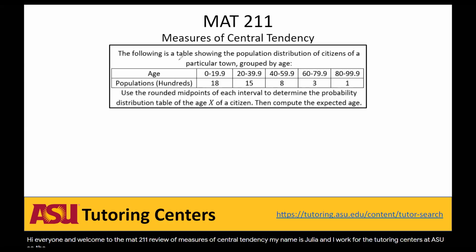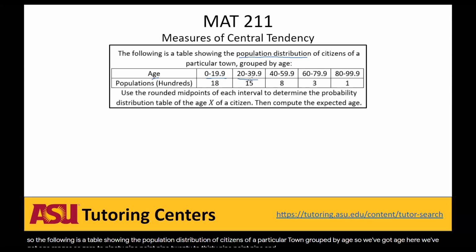So the following is a table showing the population distribution of citizens of a particular town grouped by age. We've got age ranges, so 0 to 19.9, 20 to 39.9, and so on. And then we have the associated populations of each of these groups in the hundreds.